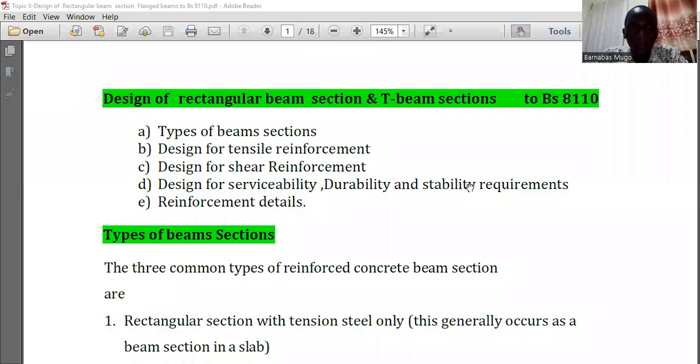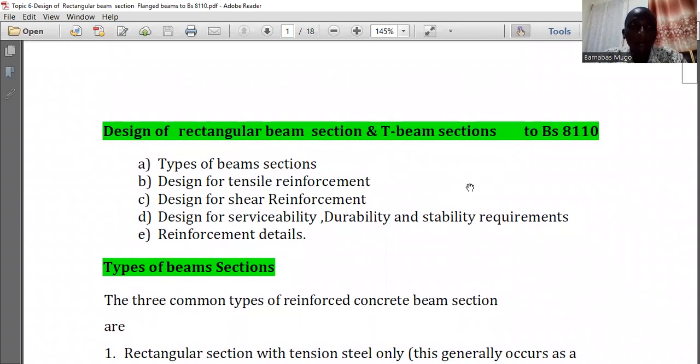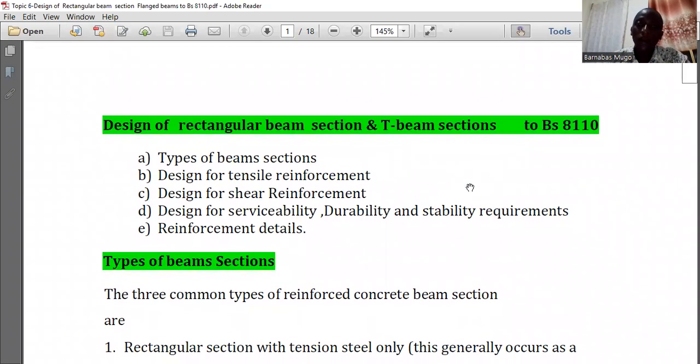This is a good point whereby I'm supposed to start doing some calculations. I'm just going to introduce the calculations, and then from there we are going to have the actual design at a later point in time. So when we are designing, we have the design of a rectangular beam section.